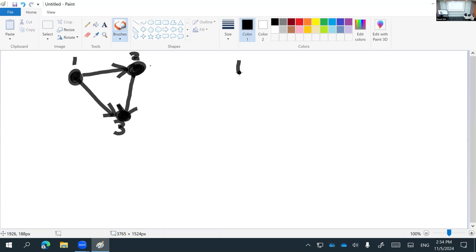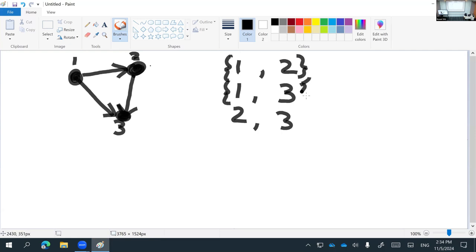You would store it as 1, 2, 1, 3, and then 2, 3. Right? You can store it this way. So basically, a list of lists.